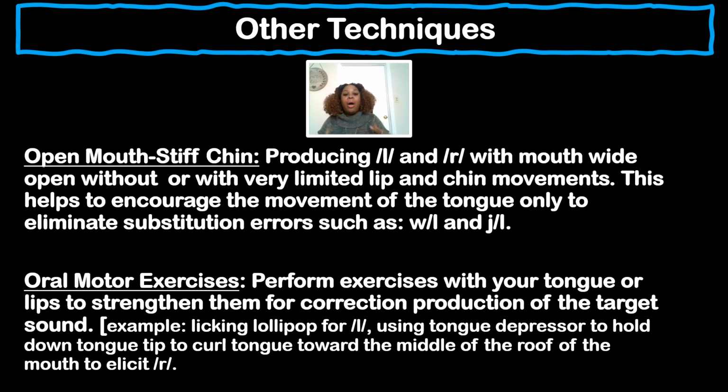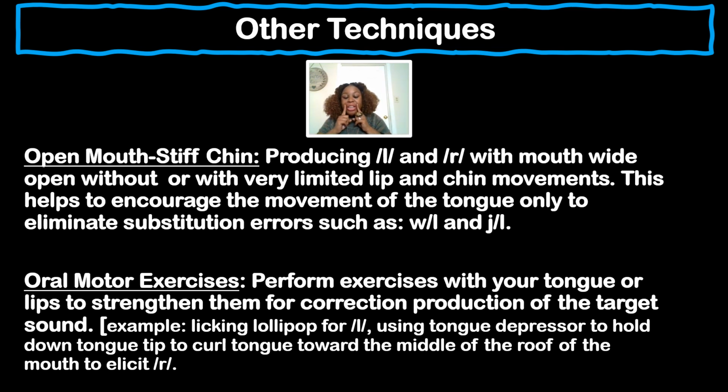One of the common substitution errors we talked about is when the child does a W for L or R, or they do the Y. That comes from the child doing too much movement of the chin.